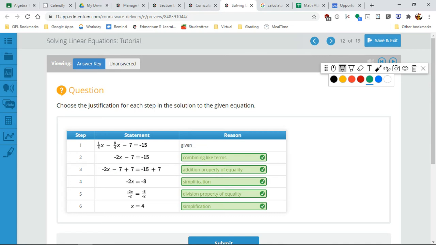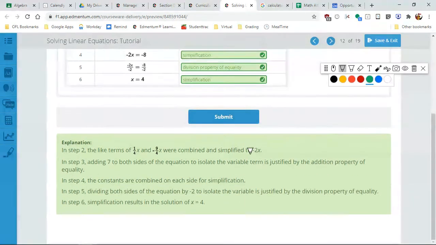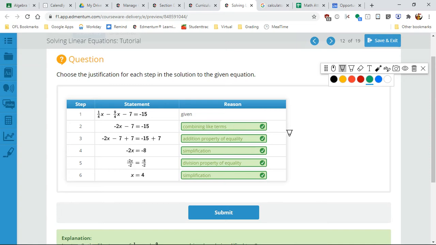So there are going to be some cases where they get too nitpicky. That's why we're taking a cohort, so I can walk you guys through it. This one, we're using addition property, but then we have to simplify it till we get to this step. And then here we just use division property. Does that make sense? Everybody good on that one?